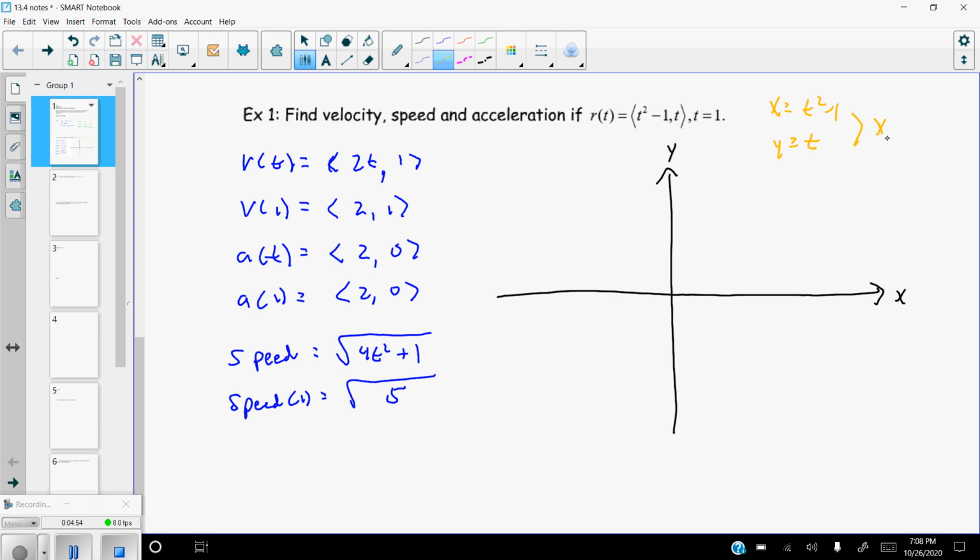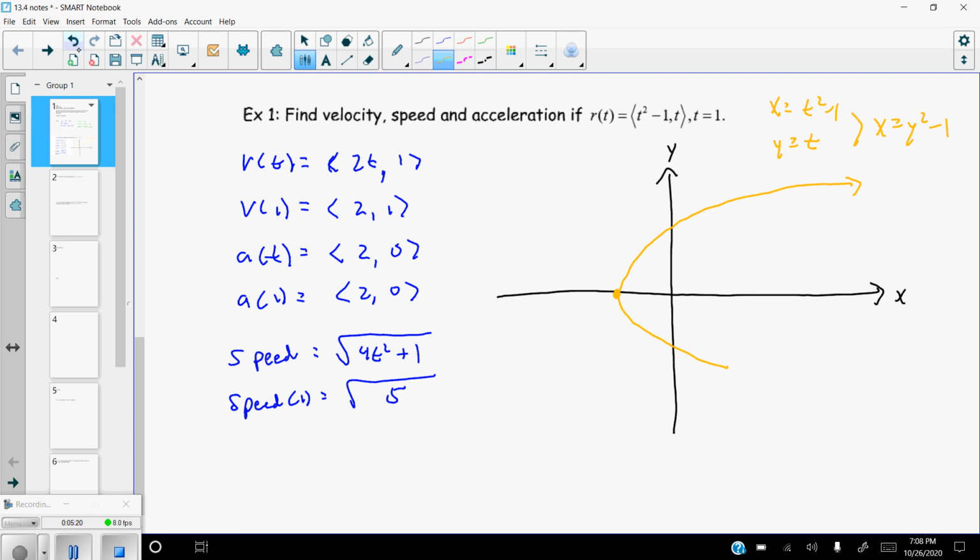So we're going to get that x equals y squared minus 1. So that's going to be a parabola, but it's a parabola which opens up to the right because the square is on the y instead of the x. So it's going to be a parabola which opens to the right and looks like it's got an x-intercept of -1. So back here. So it looks like it's going to do something like this.